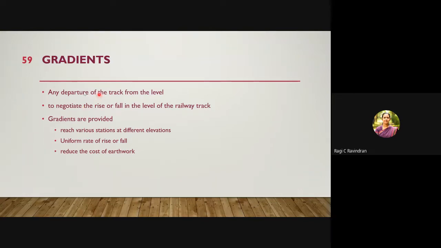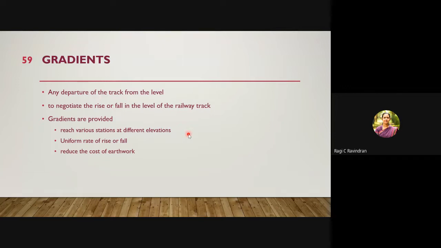Both are treated to be gradient. In order to negotiate the rise or fall in the level of the railway track, we are providing gradient. And gradients are provided in order to reach various stations which are situated at different elevations.